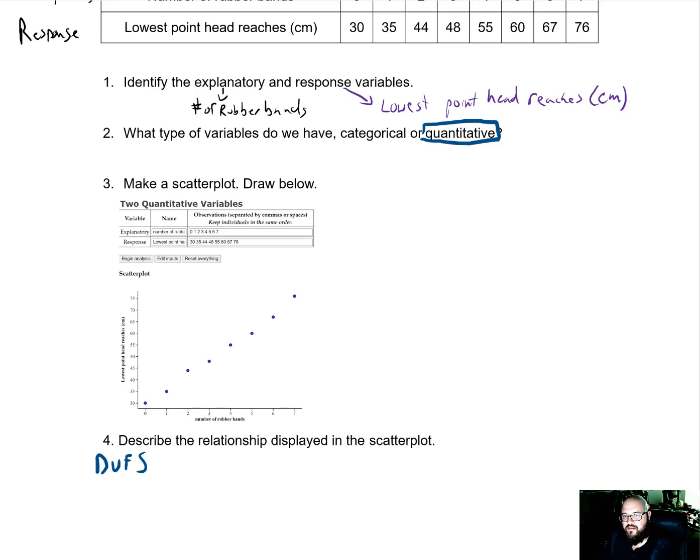Is it going in a positive direction or is it going in a negative direction? So we should have direction positive. Okay. Are there any outliers? Everything seems to be falling within scope here, and there's nothing that's very obviously outside the scope of the data. So there are no outliers.